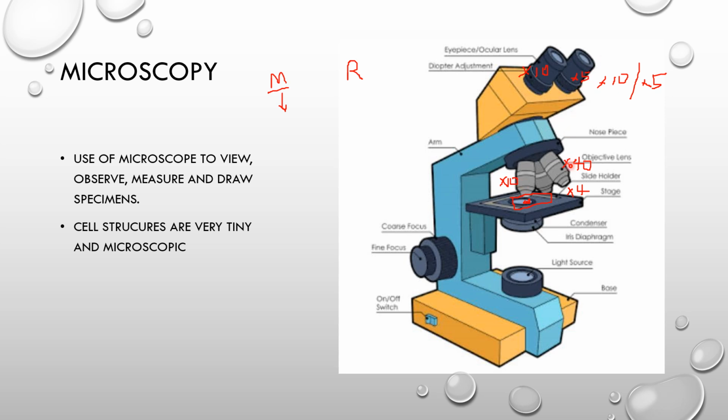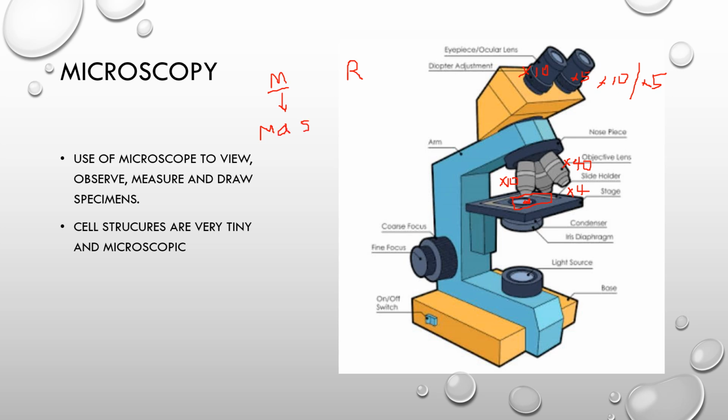If I decide to use a times 40 objective lens and a times 10 eyepiece, I multiply the times 10 eyepiece with the times 40 objective lens. So guys, what I'm trying to say is that these are facts about magnification: magnification is directly proportional to size.